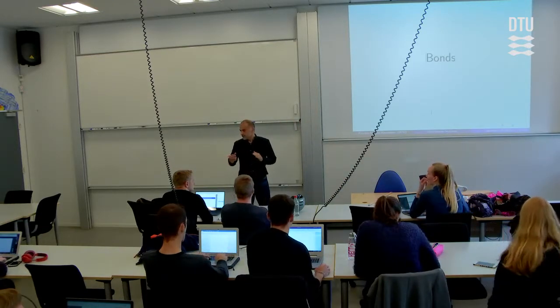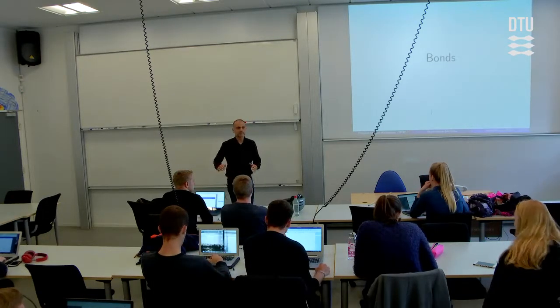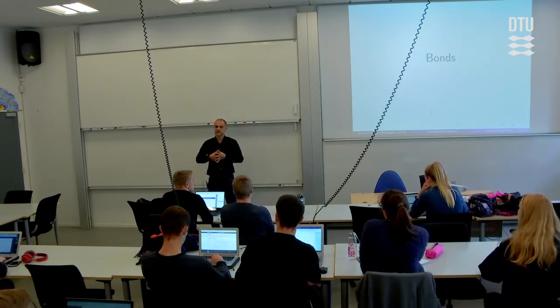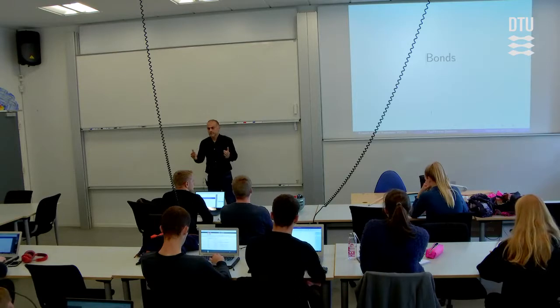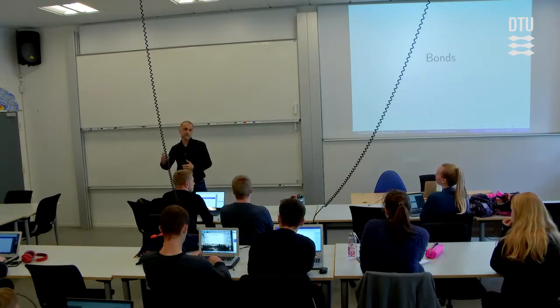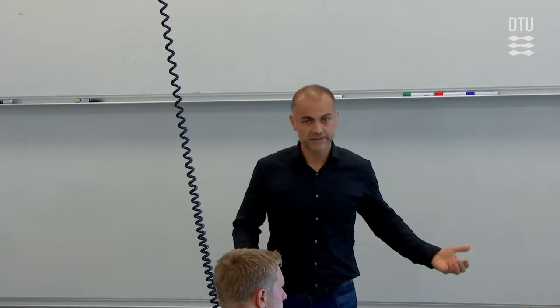So just to give you an overall introduction to bonds before getting into the details of how the bond contracts are built. I'd like to think of a bond as a contract between a person who wants to lend money to another person, or an entity who wants to lend money to another entity.